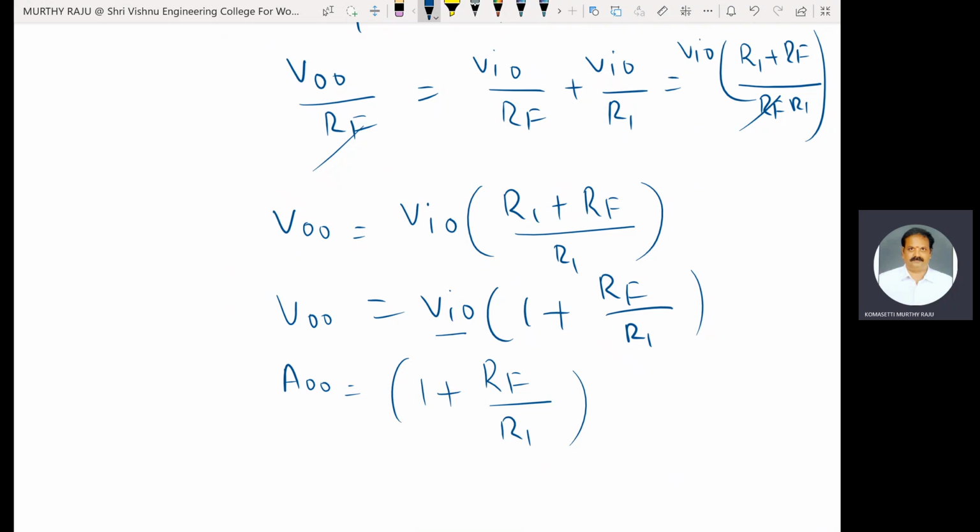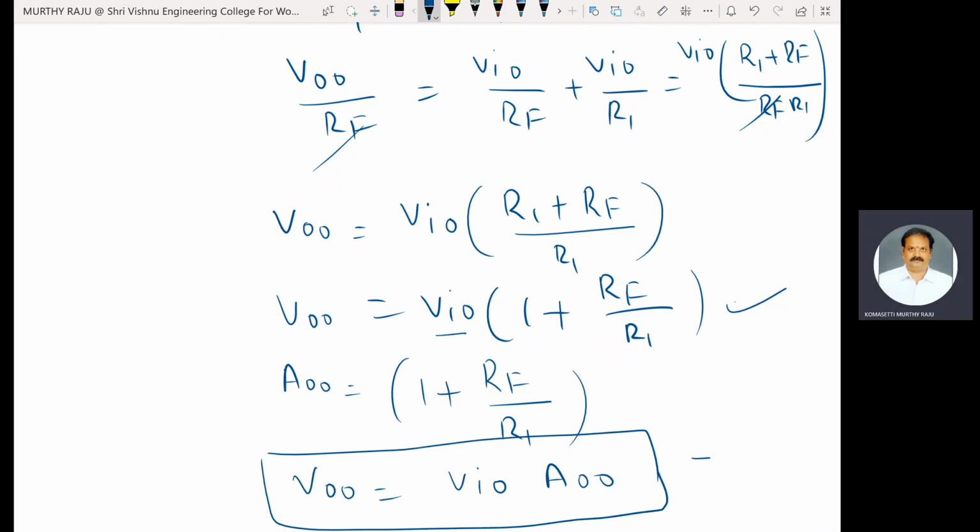When an op amp is used in a closed configuration as either a non-inverting or inverting amplifier, we can compute the maximum possible output offset voltage V00 caused by the input offset voltage VIO by the given equation. Therefore, finally V00 is equal to VIO into A00. This is equation 1.